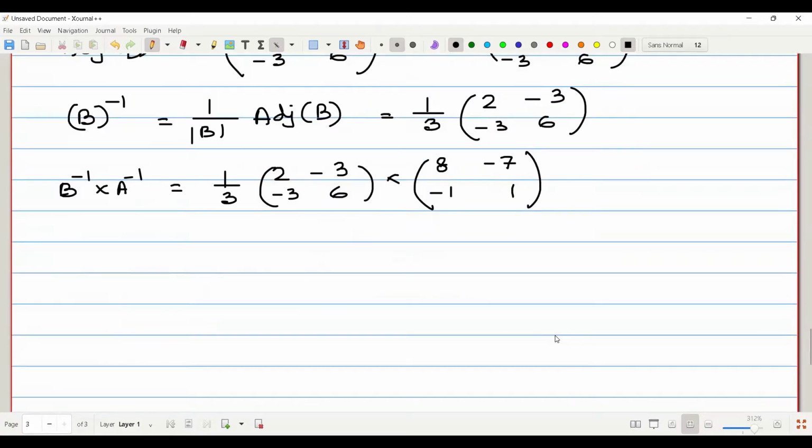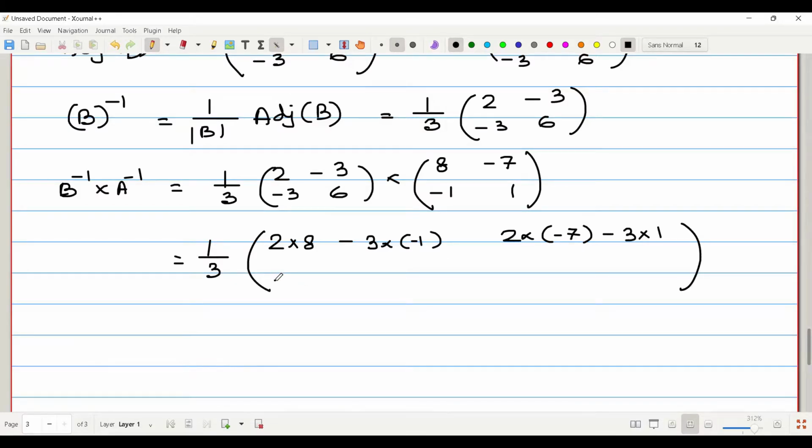So what should be the multiplication of the two matrices? 1 by 3 has been kept aside, so that is 2 cross 8 minus 3 into minus 1, 2 into minus 7 minus 3 cross 1, and for the second row that is minus 3 into 8 plus 6 into minus 1, and that is minus 3 into minus 7 plus 6 cross 1.